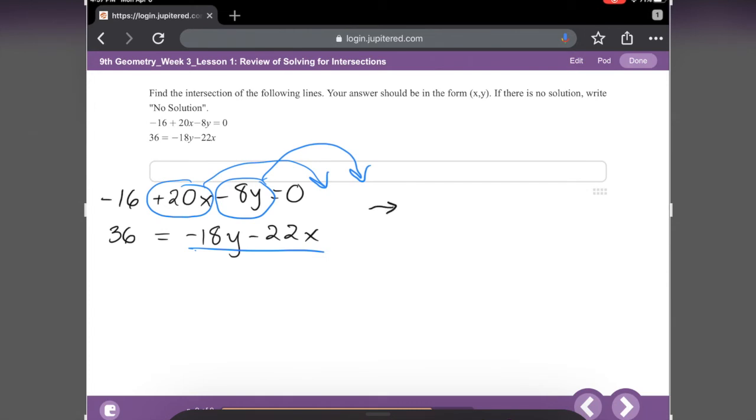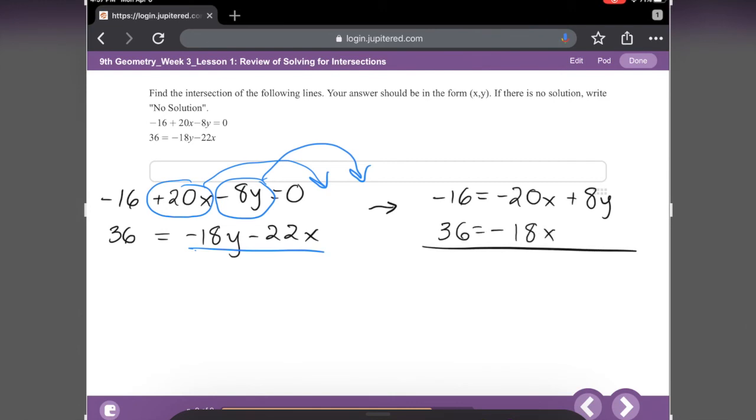Okay, so now it's going to look like this. Negative 16 is equal to negative 20x plus 8y. And then I'm just going to copy again that bottom equation. 36 equals negative 18x minus 22. Oops, sorry, that should have been negative 18y.